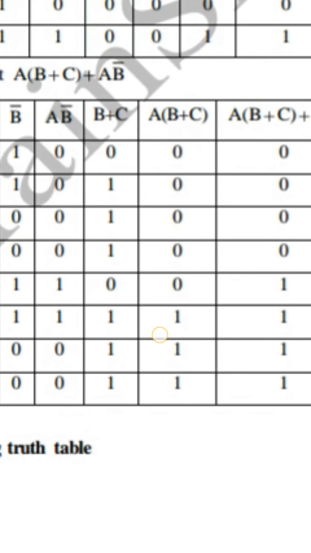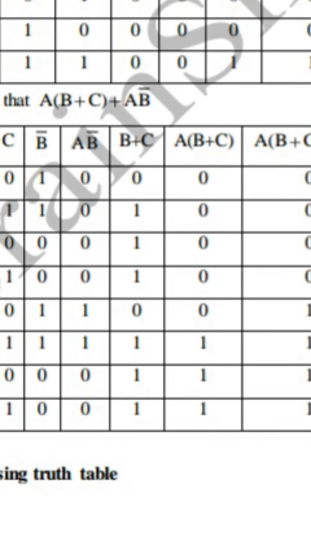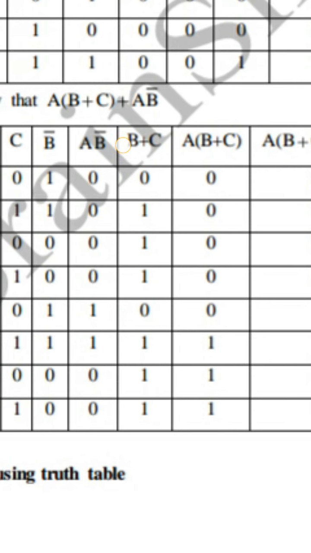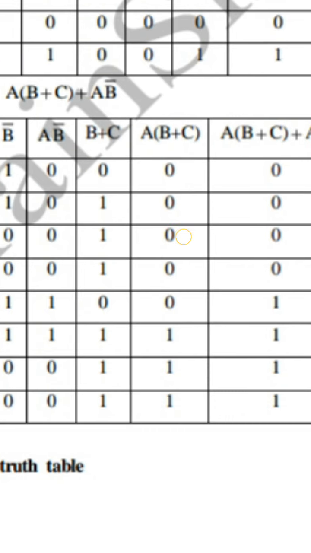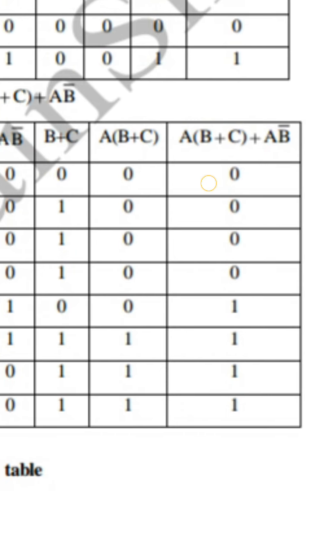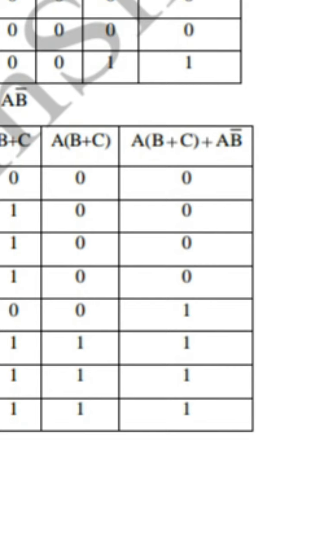So now we have calculated this value of this first A B naught, then A and B or C. Now what we have to do? We have to do the OR operation, which is plus operation, between these two terms. So this plus operation is here, A braces B or C plus A B naught at the last.